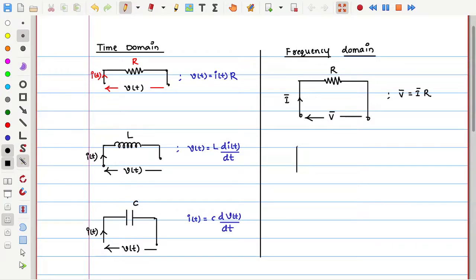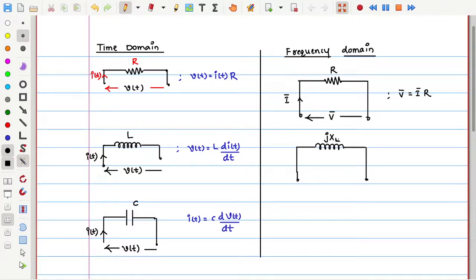In the same way, let me take up the inductor. We saw in the last session the inductor property that when we took the ratio between voltage and current, what we got is j omega L, which is equivalent to the impedance of the inductor, which can be written simply as jXL.